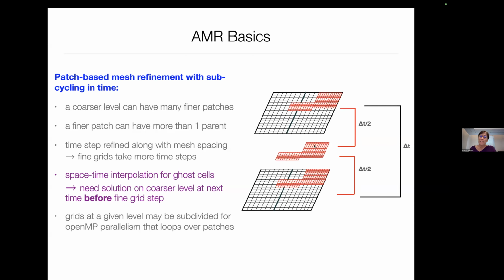So this intermediate grid over here will need ghost cells to take the next time step with the shallow water equations. So we need the time step at the last time on the coarse grid to do space-time interpolation for the intermediate grid. And you need that before you can take this next time step.